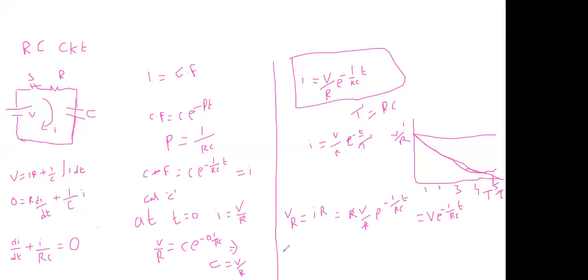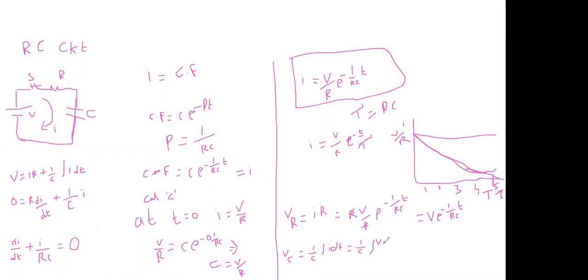Next, voltage across the capacitor. The formula is 1 by C integral of I dt. So that is equal to 1 by C integral of I dt. What is the value of I?